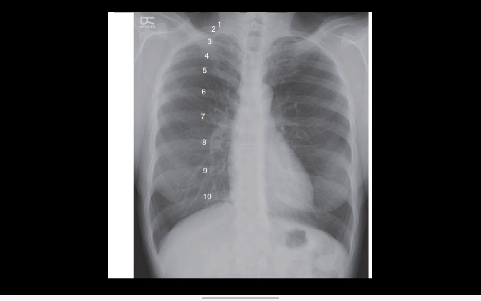Then the resultant image should show from 8 to 10 ribs appearing. So then I can say that this image is well inspirated. If it is less than that, then it isn't fully inspirated.